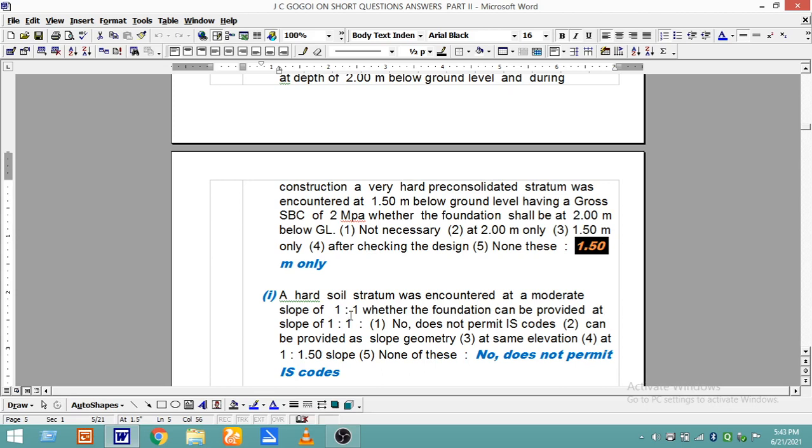Another structure, a retaining wall, will be required to be provided there. So the correct answer is no, does not permit IS code. Code number IS 1904.